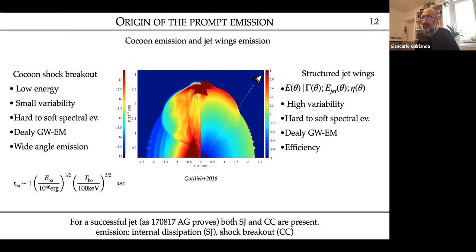While we have a nice interpretation, and also compelling evidence, of the fact that the afterglow emission is likely described by a structured jet, with a structure which has a small core and some wings of material moving at considerably lower bulk velocity and with lower energy, because the structure is steep, as I showed you in the previous slides.